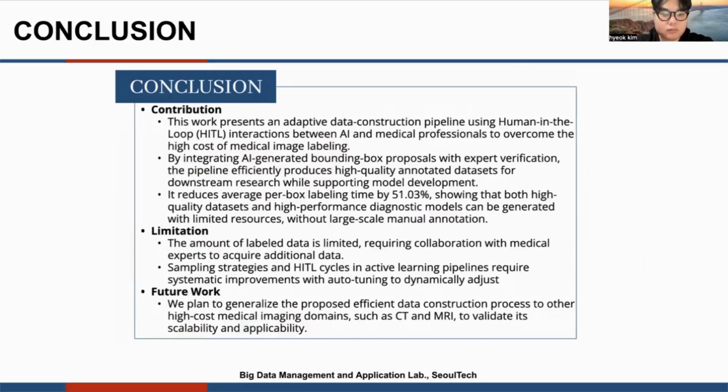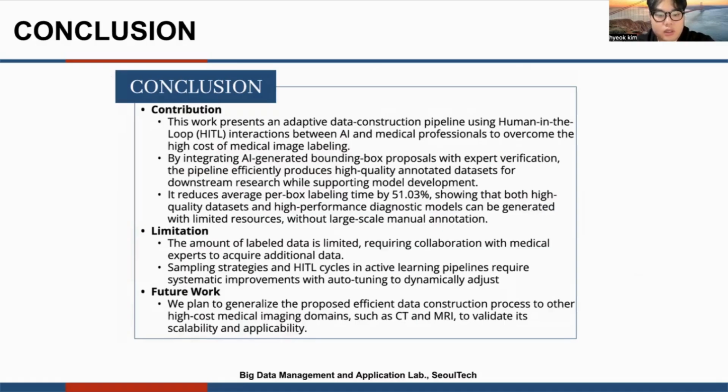And finally, conclusion. This work presents an adaptive data construction pipeline using human-in-the-loop interaction between AI and medical professionals to overcome the high cost of medical image labeling.